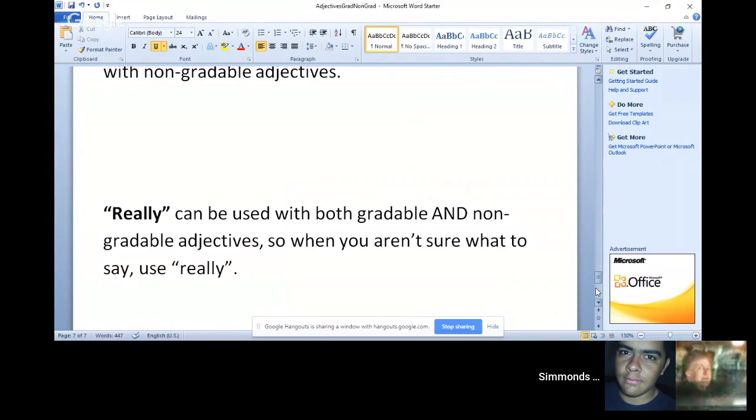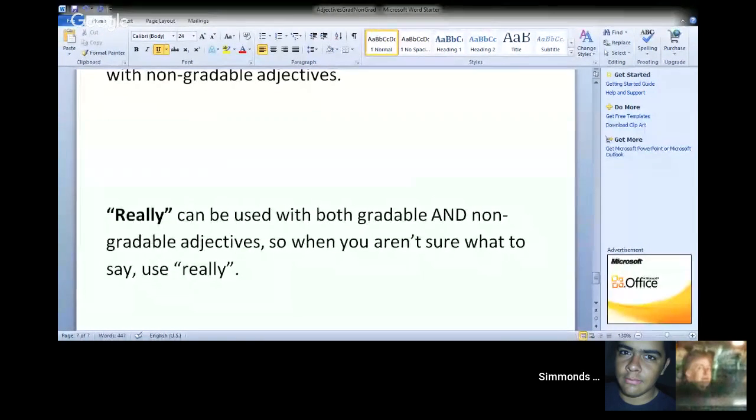Right. These are very specific, and it kind of reminds me of countable and uncountable nouns, where you have to use countable nouns a certain way versus uncountable nouns, like much and many. Okay, much we use with uncountables. I have much time.